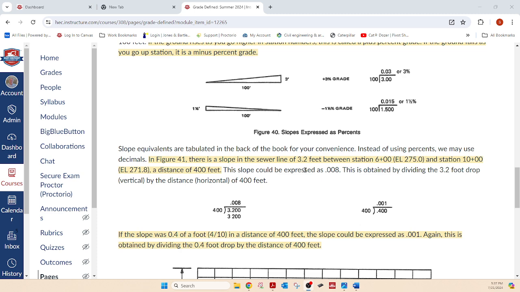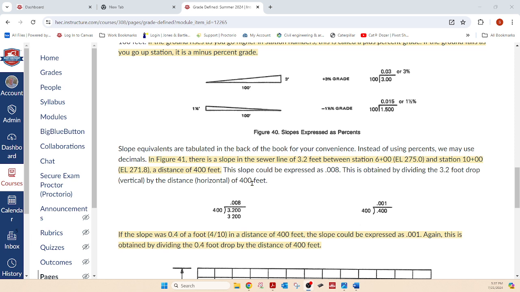This slope can be expressed as 0.008, and this is obtained by dividing the 3.2 vertical by the distance of 400 feet.